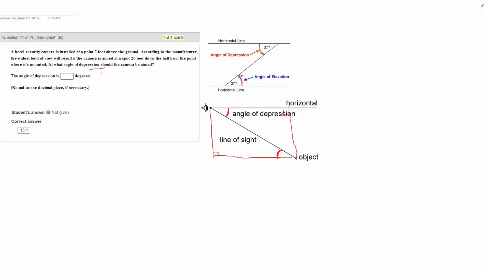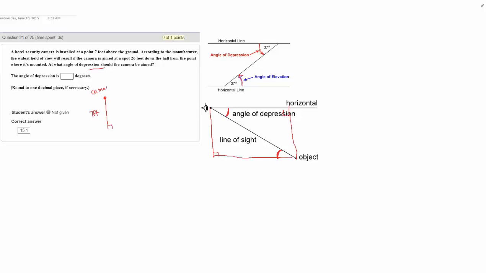So a hotel security camera is installed at a point that is 7 feet above the ground. So I have 7 feet from the ground. I have this camera that's installed.